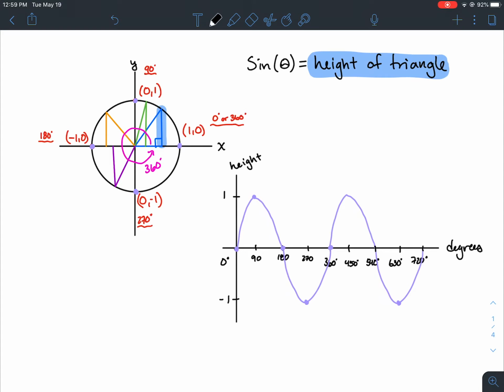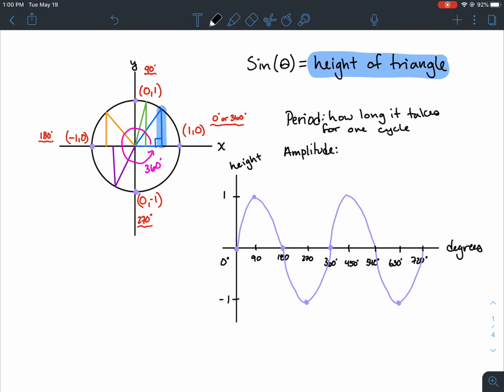Now there's a couple key things that we're going to look at here. First thing is going to be called the period length, and the other is going to be the amplitude. Okay, and the period is just how long it takes for one cycle.